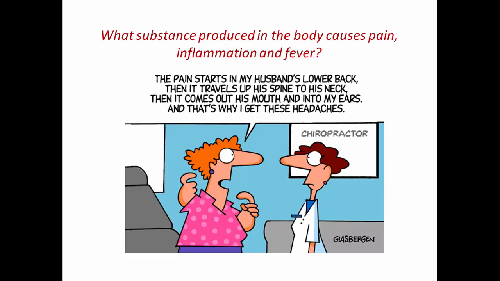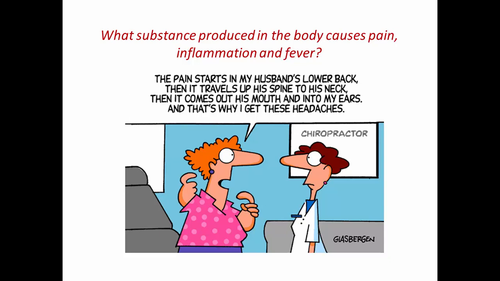So star. Underlying pain, inflammation, and fever is a substance that is produced in the body. And that substance is called a prostaglandin. So prostaglandins are unsaturated fatty acids, and they are released by tissues that have been injured.